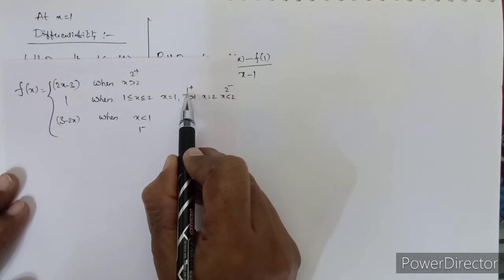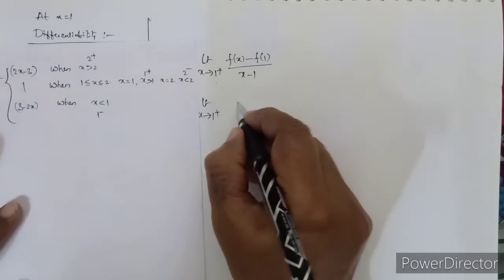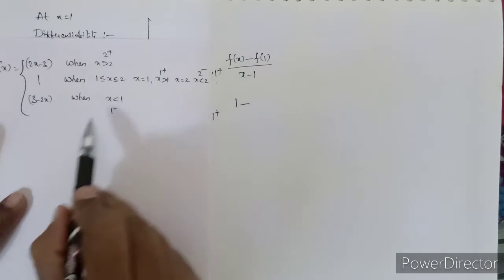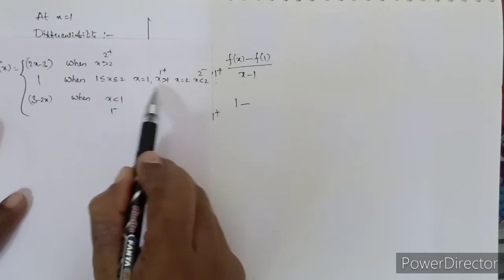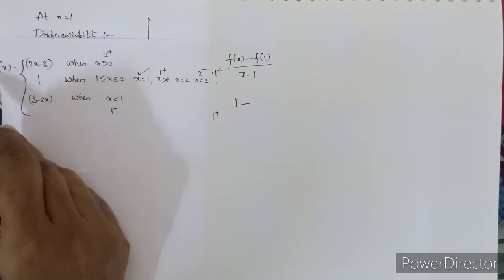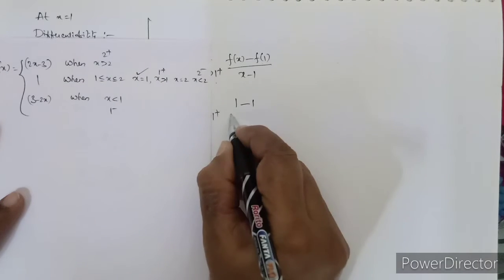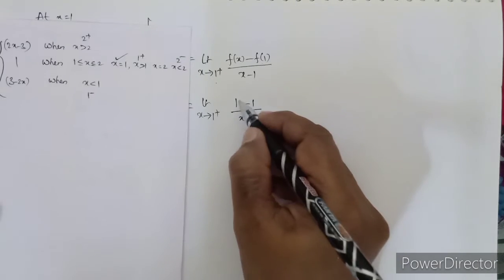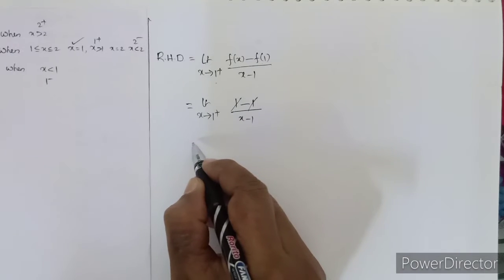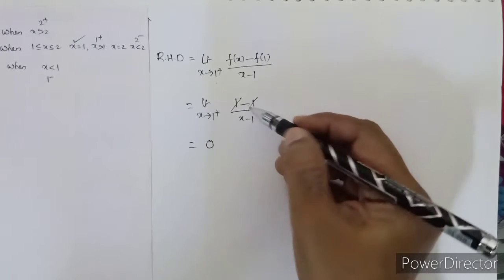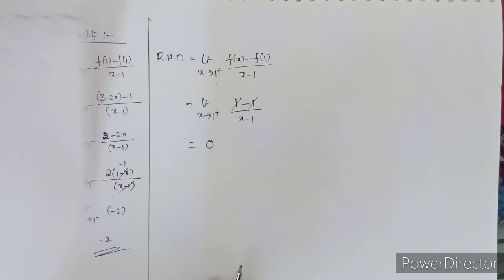When x is in 1 plus, f of x is 1. At x is equal to 1, f of 1 is also 1, by x minus 1. Cancel plus 1 and minus 1. We got right-handed derivative 0 by something, 0.